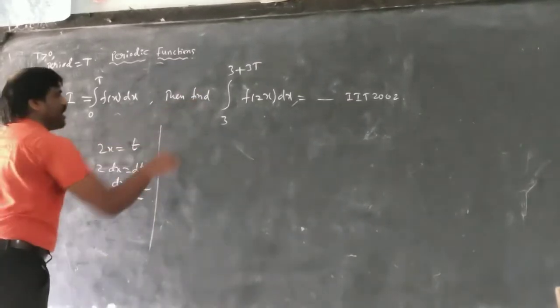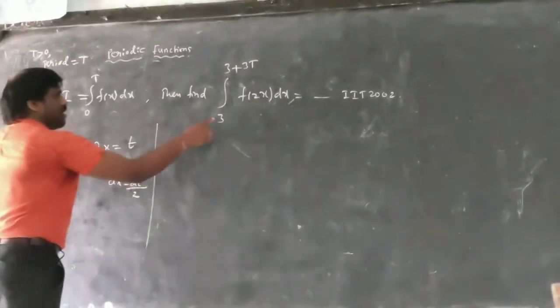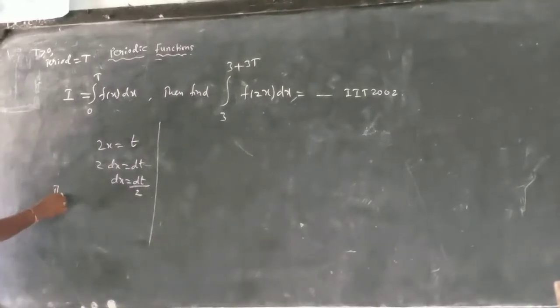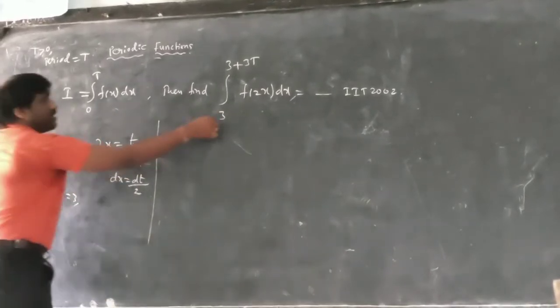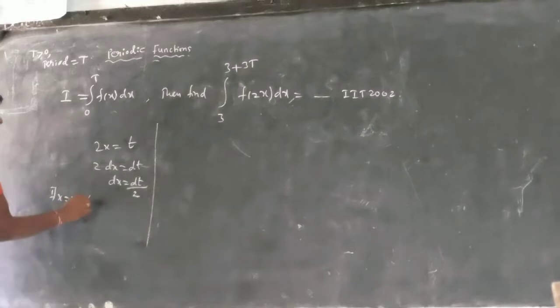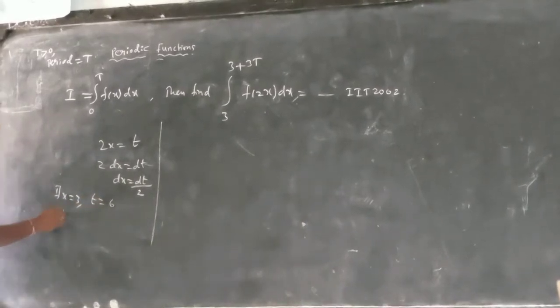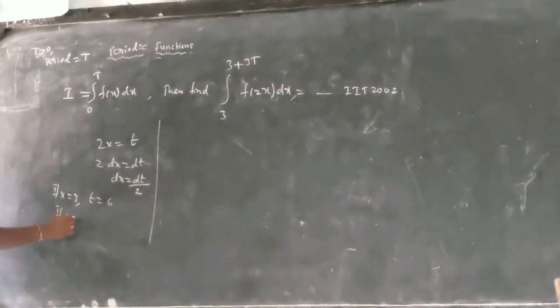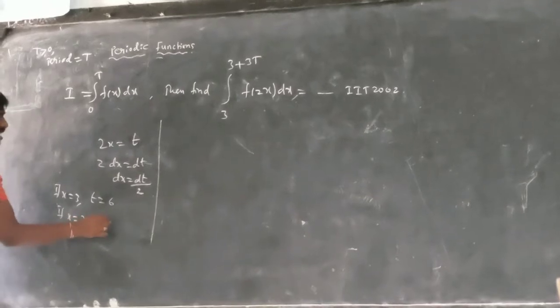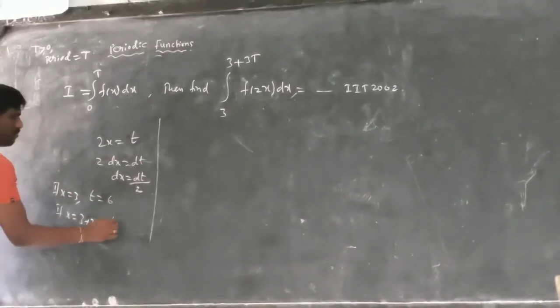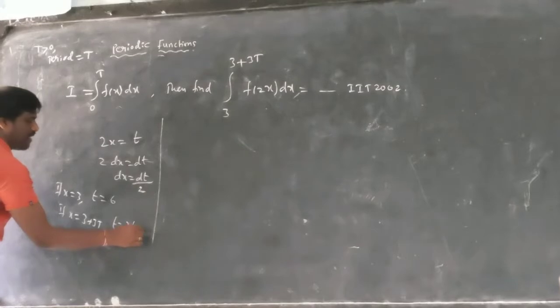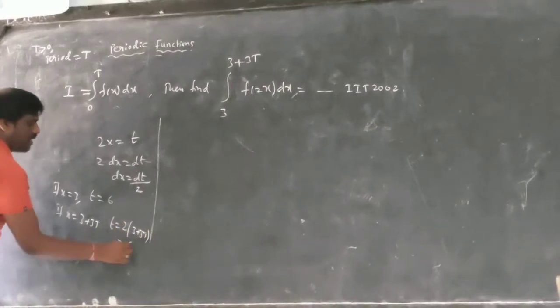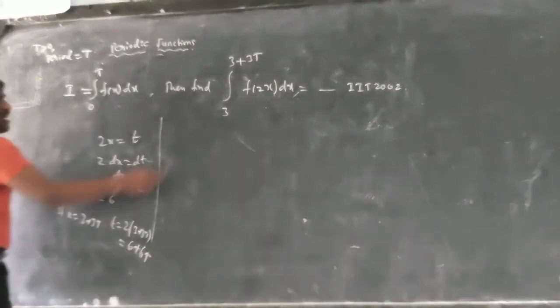So the limits are changed. If x is equal to 3, then t is equal to 6. If x is equal to 3 plus 3T, then t will be 2 times 3 plus 3T, that is 6 plus 6T. So the interval is changed.